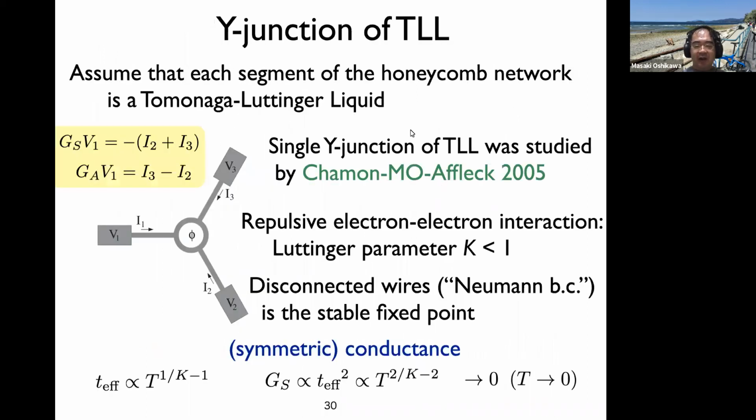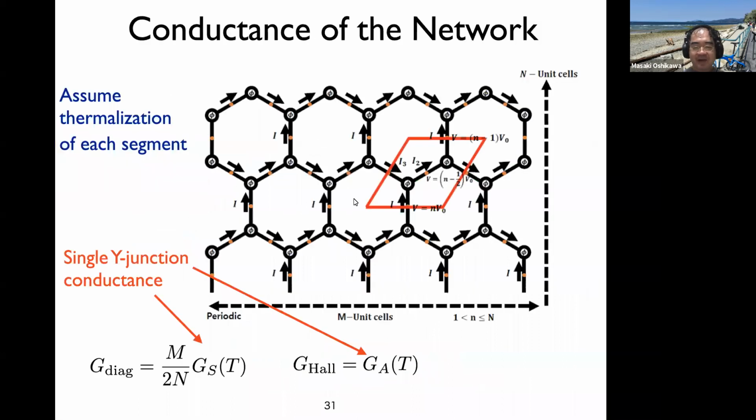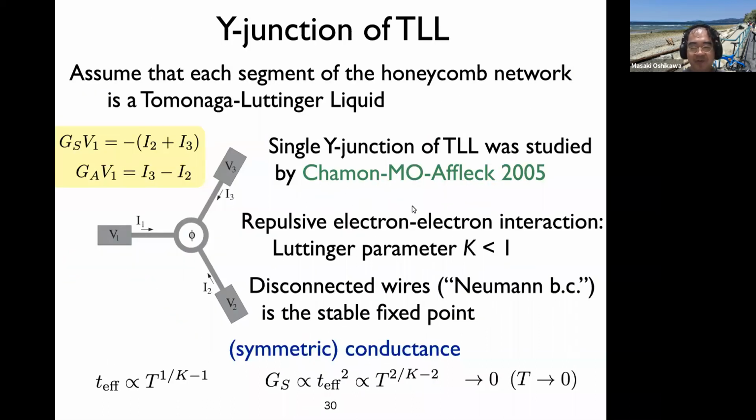Okay, and we are interested in, for example, the honeycomb network. The honeycomb network consists of Tomonaga-Luttinger liquid segments and this so-called Y junction, the junction of 3 Tomonaga-Luttinger liquids. And this kind of Y junction of Tomonaga-Luttinger liquids I studied a long time ago.